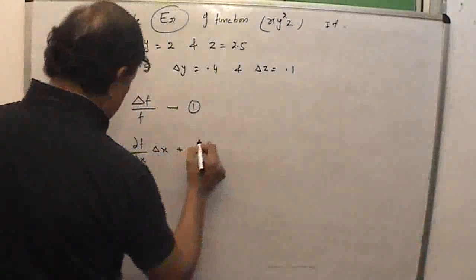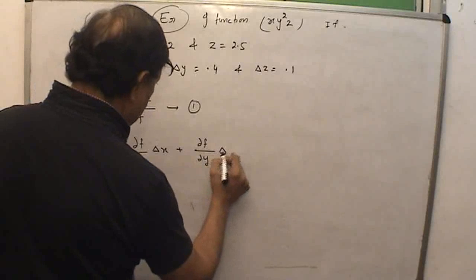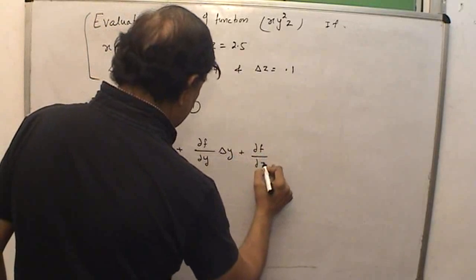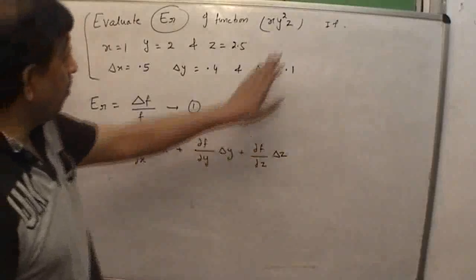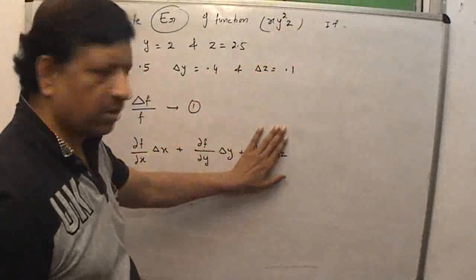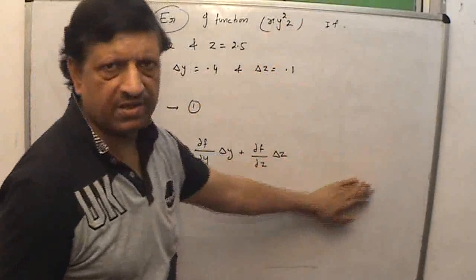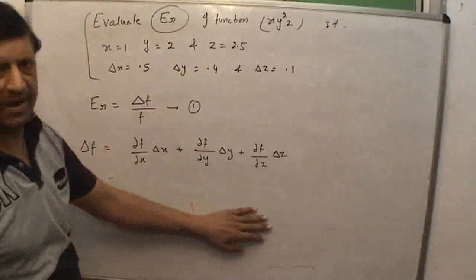Then plus curly f divided by curly y into delta y plus curly f divided by curly z into delta z. If there are only two variables, we will not consider the third. If there are four variables, we can extend this. So this formula is flexible. We can reduce it and expand it.